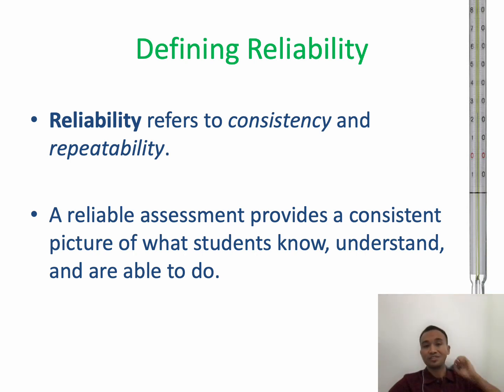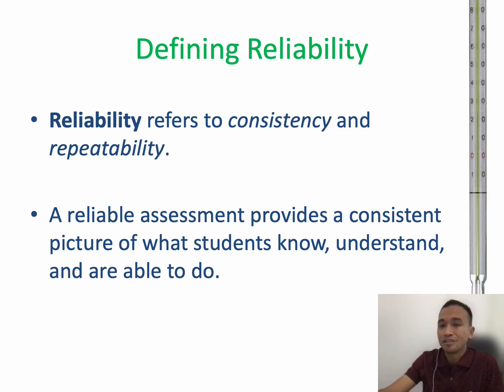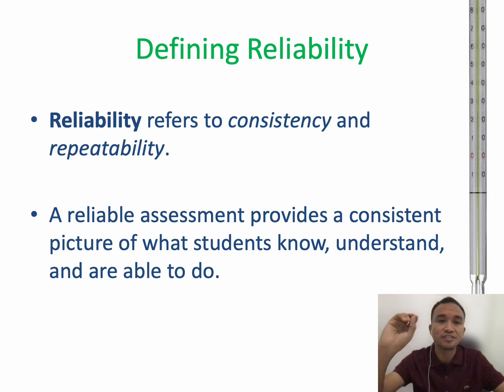Another example, a reliable educational assessment will yield similar results if it is administered more than once to the same group of students. The student who scores highly on the assessment the first time is likely to score highly the second and the third times. Okay, so we can see that there is a consistency there. There is a repeatability.